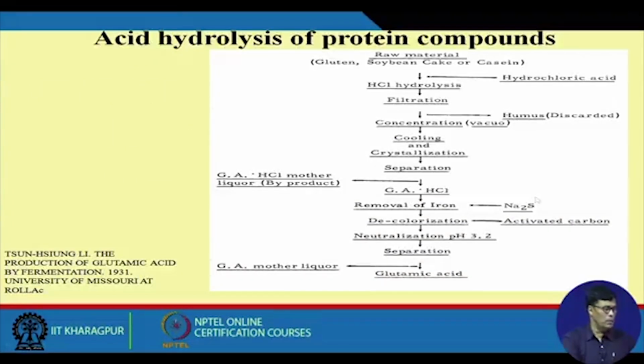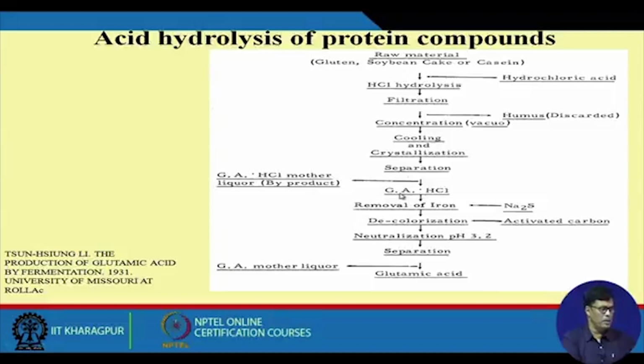Now if you look at the steps involved in this glutamic acid process from protein hydrolysis, we take gluten, soybean cake and casein. First we hydrolyze by adding the hydrochloric acid. The hydrolysis takes place, you do the filtration to separate the humus or organic material that we have, and then we concentrate it in vacuum, then we cool it down and crystallize, and the crystals we separate out.